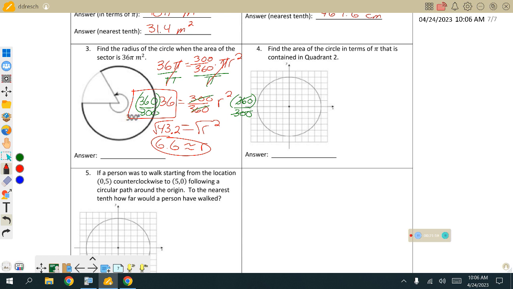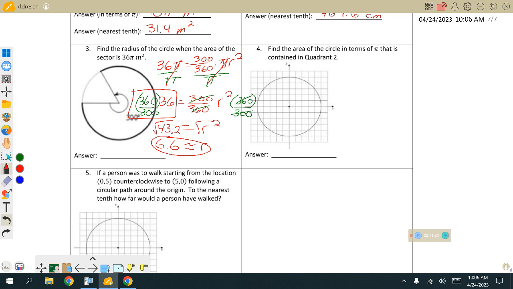Take a minute, read through number 4. Think of a game plan there. You want to find the area of a circle that's just solely in which quadrant? Quadrant 2. Where's quadrant 2 located? Top right, bottom left, where at?